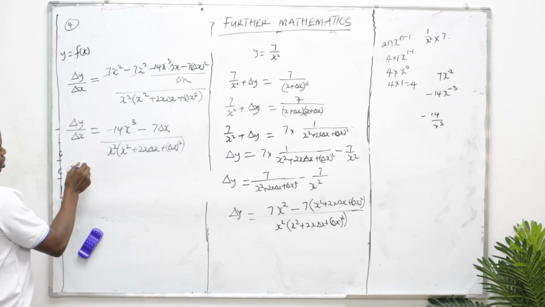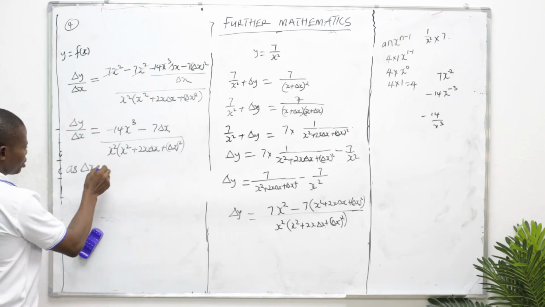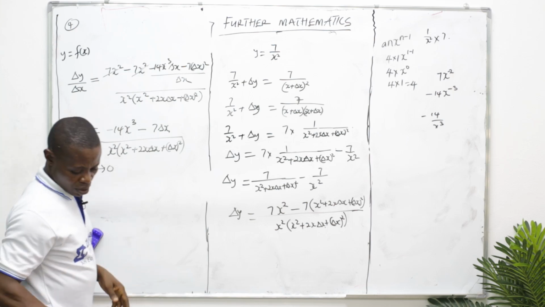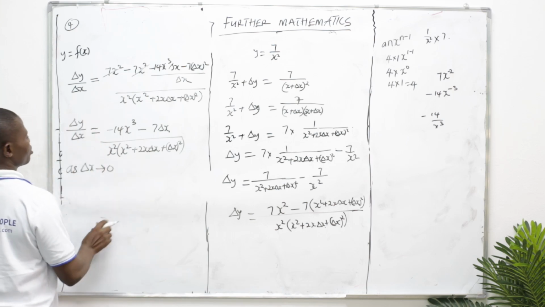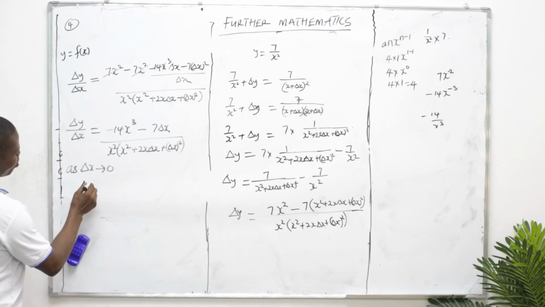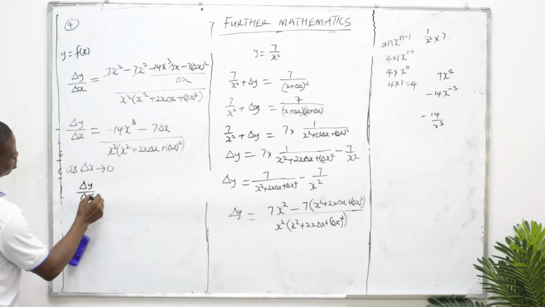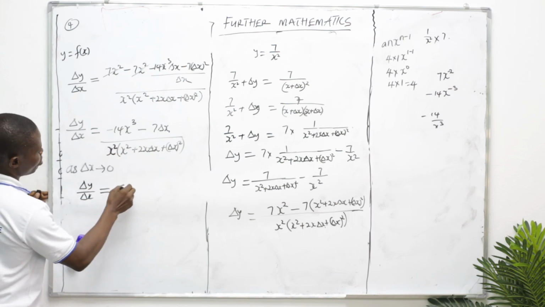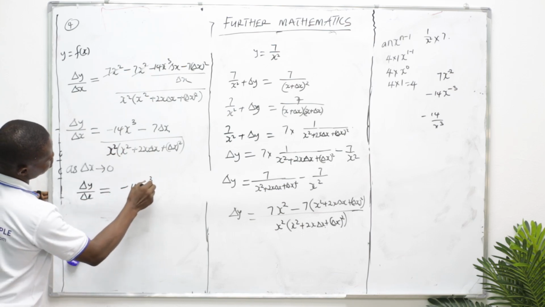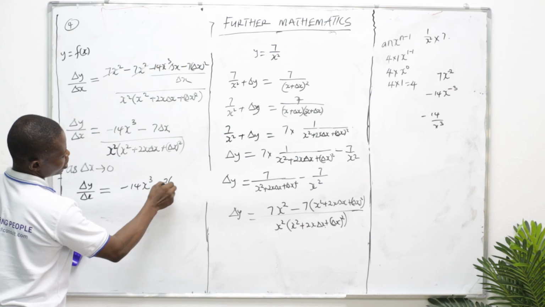As ds approaches 0, dy ds equals minus 14s cubed minus 7 times 0.